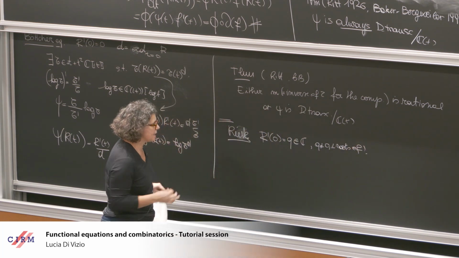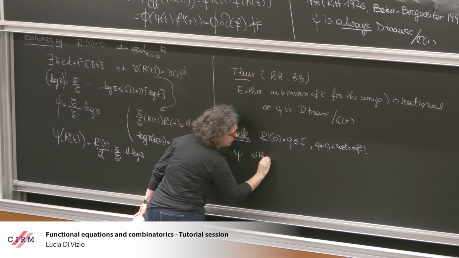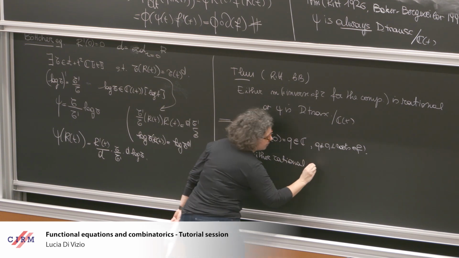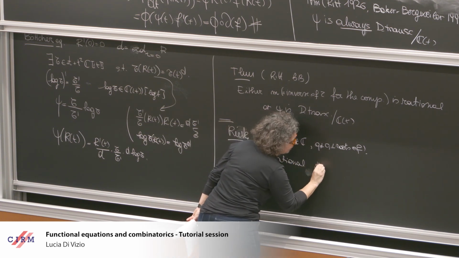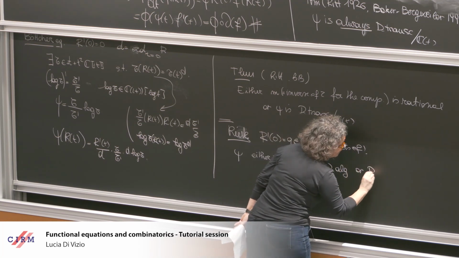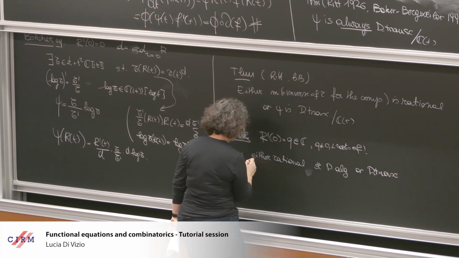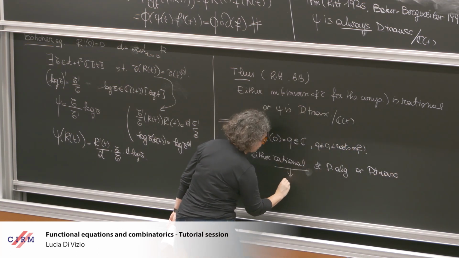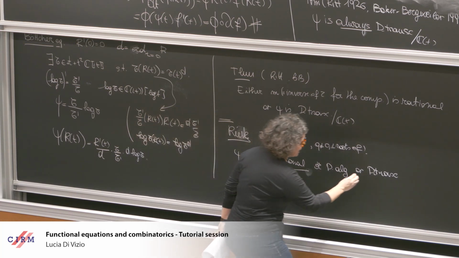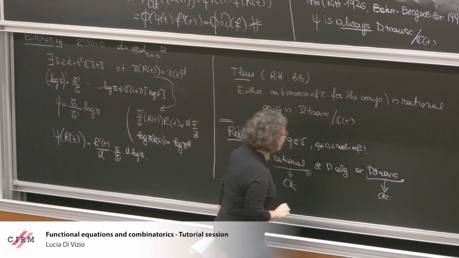Well, in this case, you get a psi which is either rational, or algebraic, or transcendental. So this case, we know how to do it. This case is all right too. You will see in a moment.